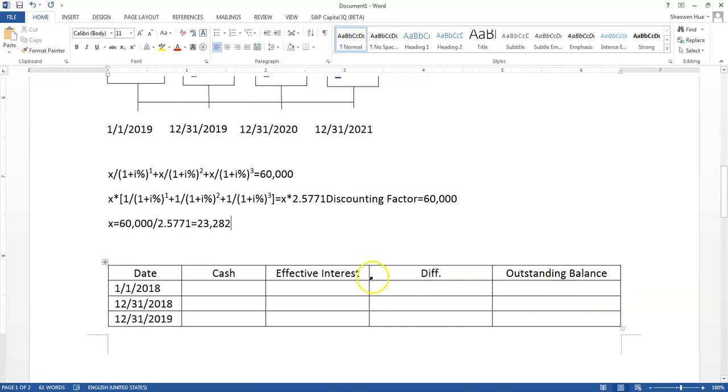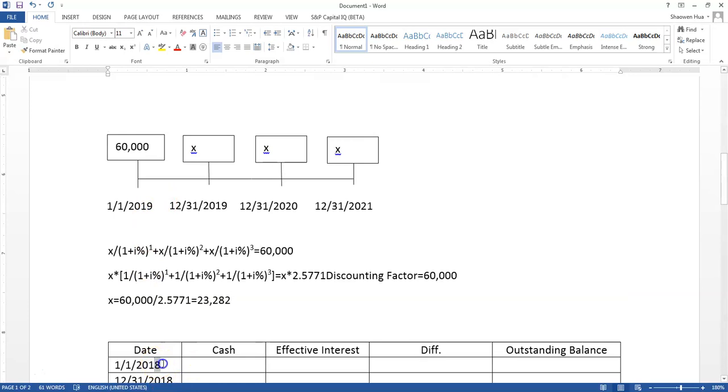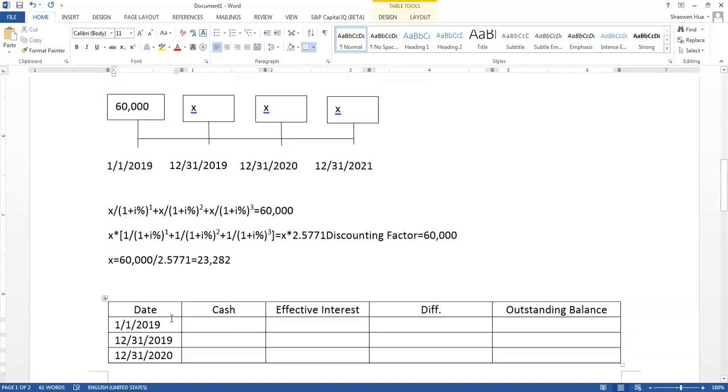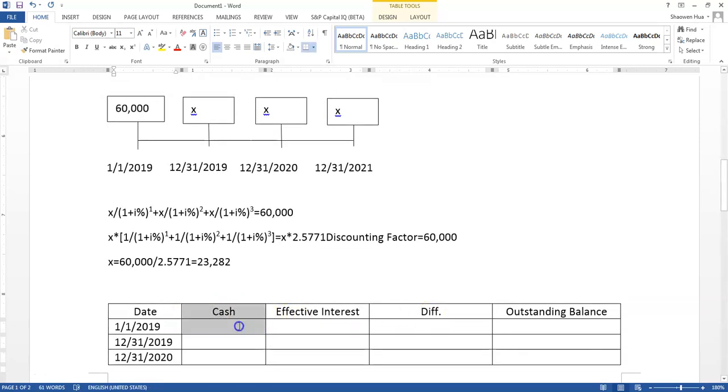So for example, here on January 1st, 2019, they borrowed $60,000. They didn't have any cash payment on January 1st, so no interest is accrued because that's the beginning of the note. Since no cash, no interest, there won't be a difference between the two columns.